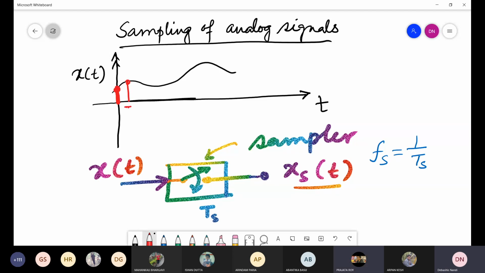Are you writing something on the screen, sir? I have already shared it, and I asked, and some people told me they are able to see this. It's visible, sir, but it's lagging a lot.